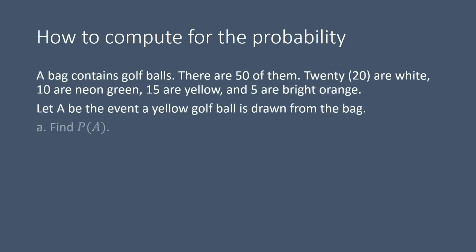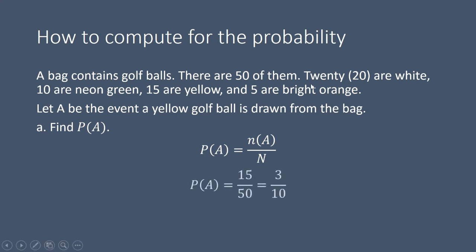What is P of A? What is the probability that when you draw a ball from that bag, what you will get is a yellow golf ball? So again, P of A is equal to how often you see A in the sample space, or how many A's there are in the sample space, divided by the size of the sample space.